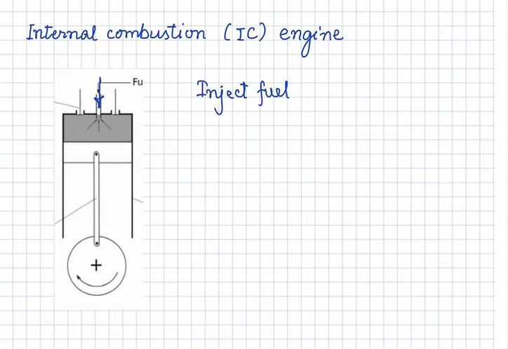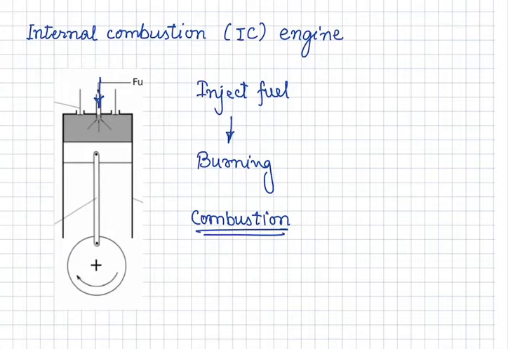It involves quite a few steps of making it into small droplets, vaporizing it, and then burning. We ignite it. And this process, in technical terms, is called combustion. So this is the second step in our IC engine after compression.